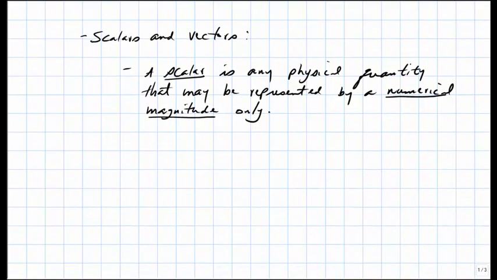As an example of a scalar quantity, if someone were to ask you how tall you are, you would respond with something like 5'10". You're specifying your height with a numerical magnitude only, therefore height is a scalar quantity.